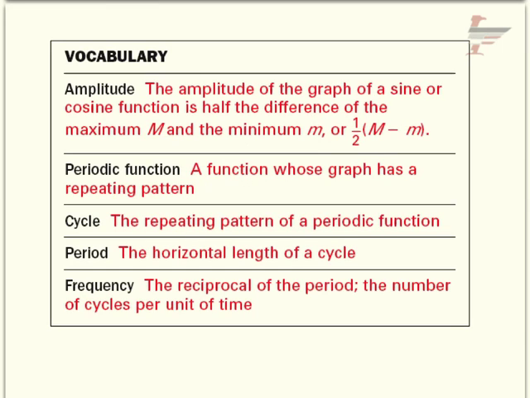So terminology you're going to want to be familiar with, and these are straight out of your textbook, but you can certainly write them down, probably a good idea. Amplitude is, in simplistic terms, the height of your sine or cosine graph. The amplitude is half of the difference of the maximum minus the minimum.